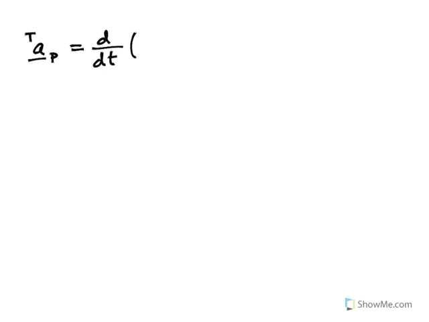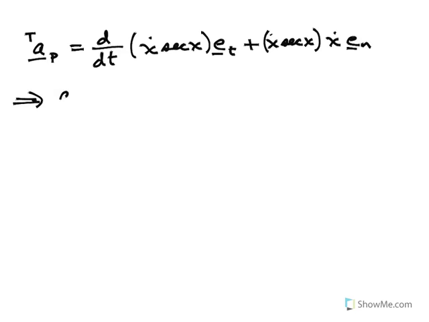We get d/dt of x dot times the secant of x times et plus x dot secant of x, that's the speed, times x dot times En, from which we obtain the acceleration of point P in the track.